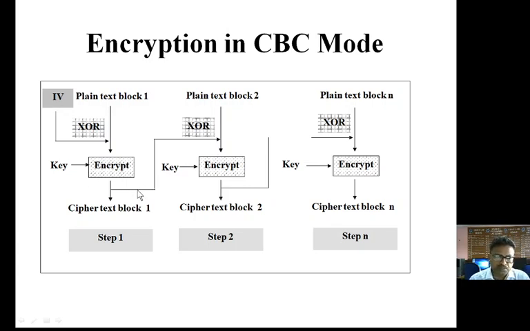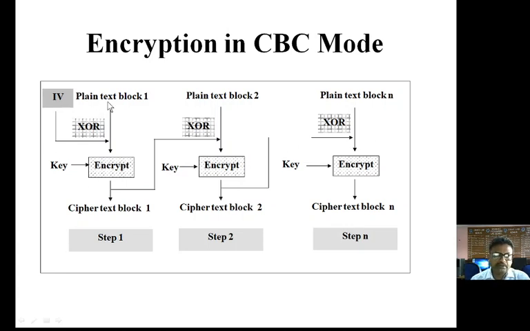This 64-bit ciphertext block is XORed with plain text block 2 so that we have a 64-bit value, and then we use the same key to encrypt it. In this way, we do the encryption process.